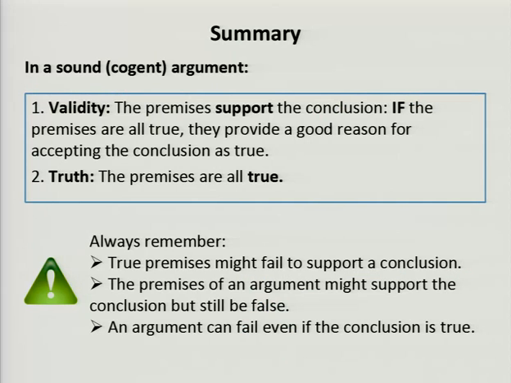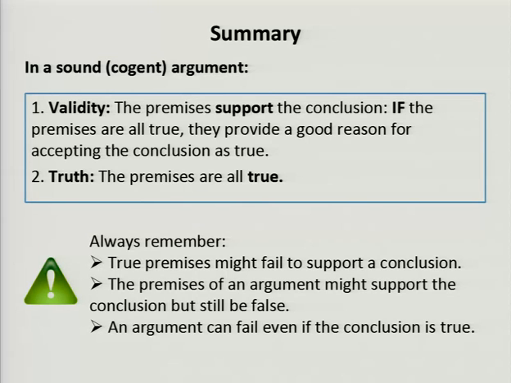So to briefly summarize that once more in a different manner, a sound argument has two factors, validity and truth. Those are two ingredients that have to come together, a conditional aspect and a truth aspect. True premises can fail to support a conclusion. The premises of an argument can support the conclusion even if they are false.